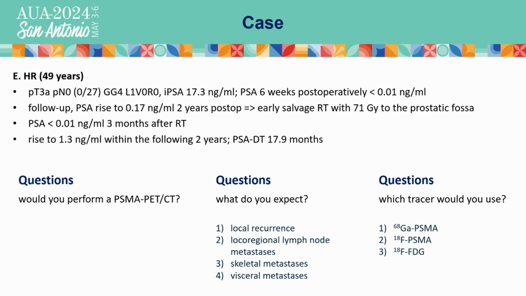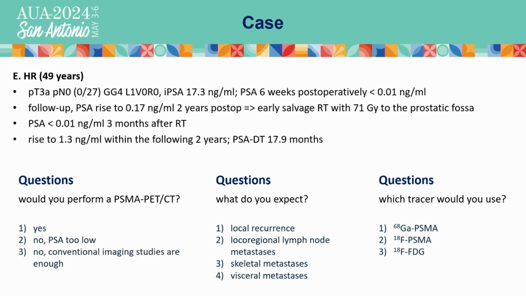So for local recurrence, as we discussed, you would use the 18F-1007 because it's not excreted renally. If you would expect a systemic disease, bone disease, you might use the gallium tracer, and you might repeat your PSMA PET scan if it's negative with this F18 1007 tracer.